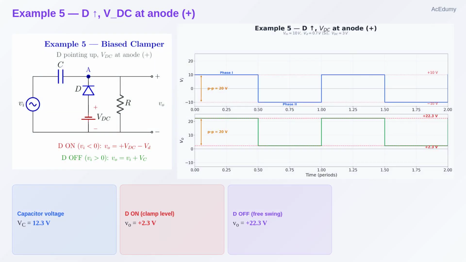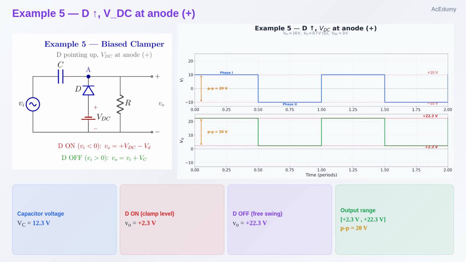Example 5. The diode points up like example 3, but now we add a 3-volt DC bias with the positive terminal on the anode side, helping the diode turn on. The diode conducts during the negative half cycle. The clamp level is plus V sub DC minus V sub D, which is 3 minus 0.7 equals plus 2.3 volts.